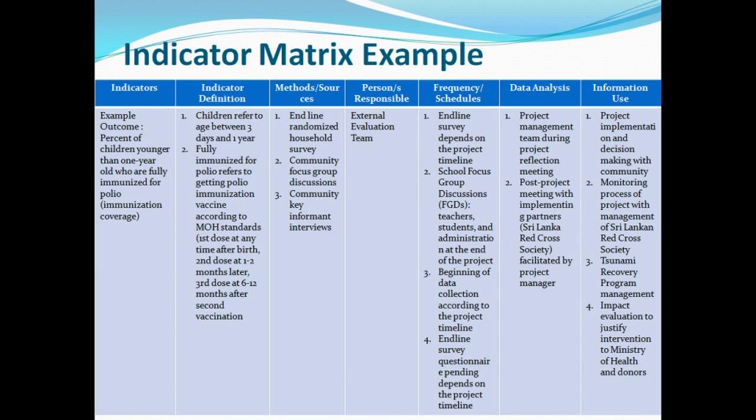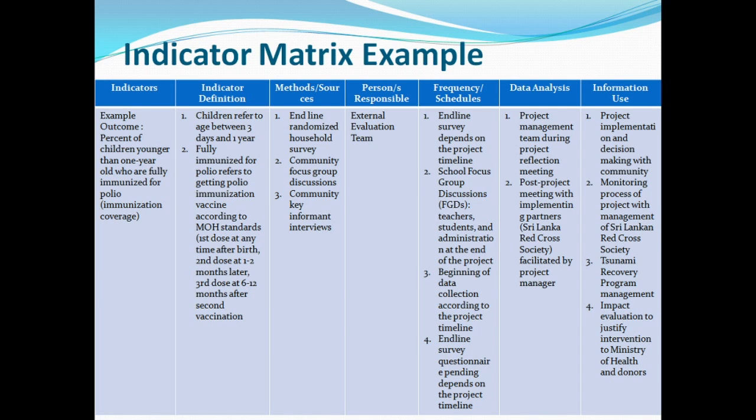Now the findings could be used for monitoring project implementation, evaluating the intervention, planning future work, and reporting to policymakers or donors. Now the indicator matrix can be adapted to information requirements for project management.